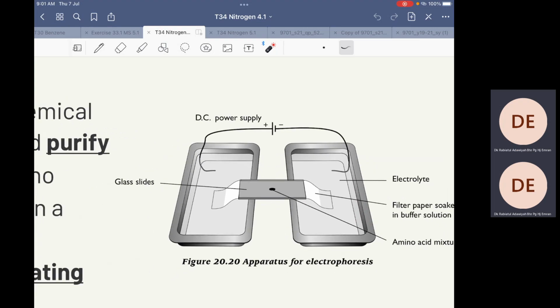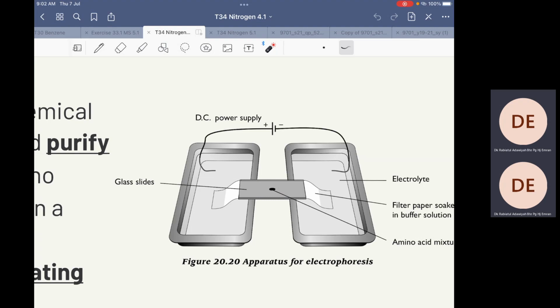You just have to know that once the current is supplied, or once there's a potential difference, the mixture of amino acids will move at different rates and also in different directions depending on their overall charge. Just like chromatography, I think you're all familiar with it, where you have one dot starting at the bottom, and then the solvent will move the sample along.